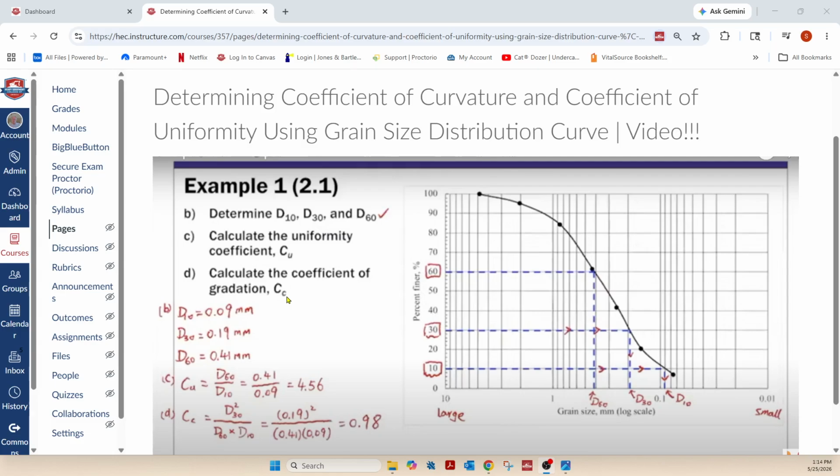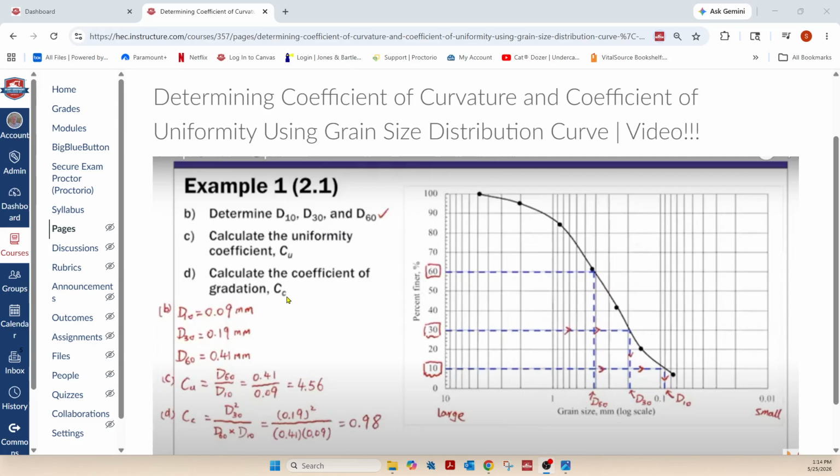The D is the diameter of the particle, and the subscript 50 is the percent passing. Then the diameter at which 10% passes is called the effective size, and it's denoted by D10.